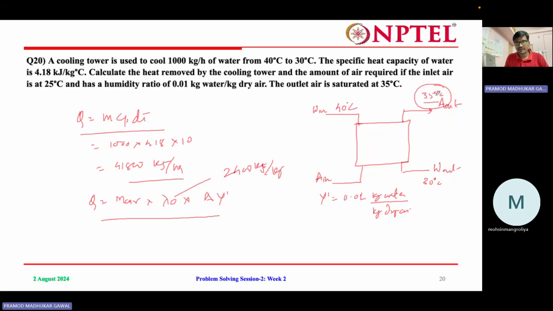At this temperature, 35 degrees Celsius, and initial humidity 0.01, so I can go.